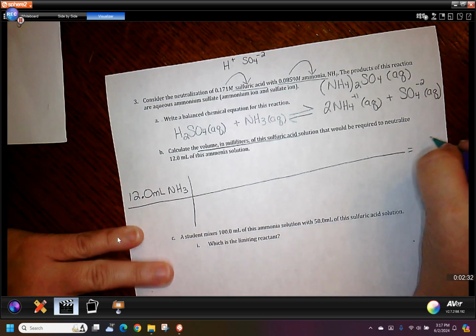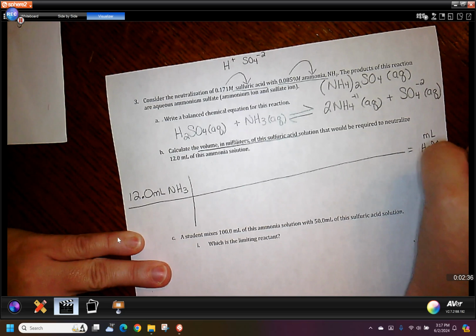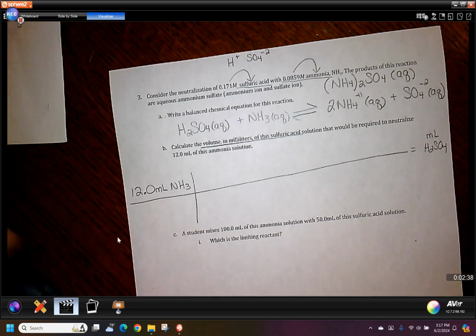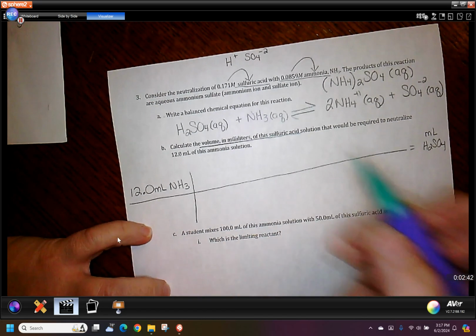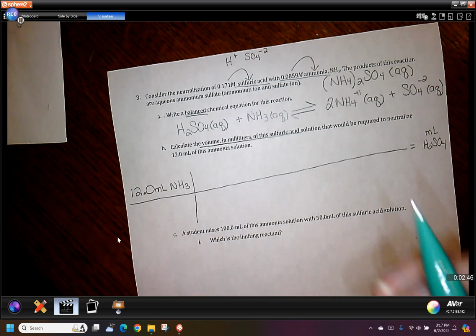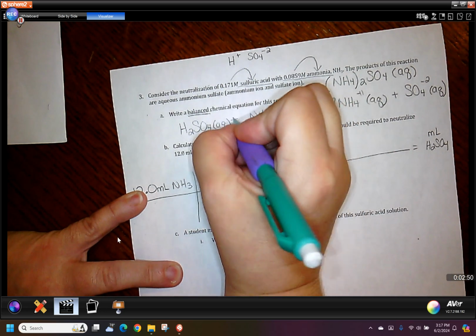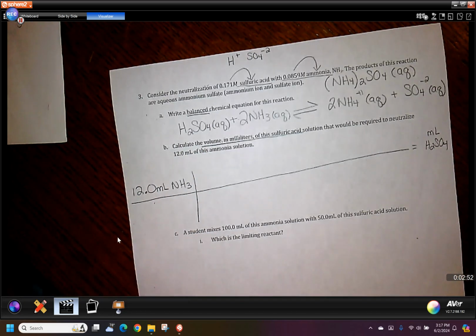Well, how much sulfuric acid do I need? Right, so here's my recipe. Guess what I didn't do? That's why my answers were wrong on the dry erase board up front. I didn't balance. I need 2 ammonias, okay? So make sure you got that balanced in there.